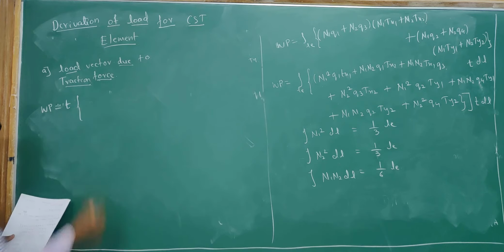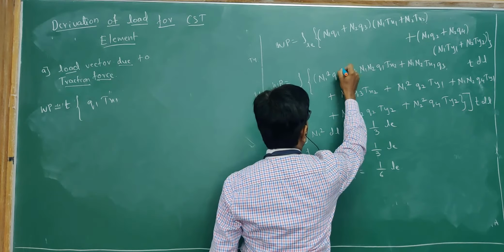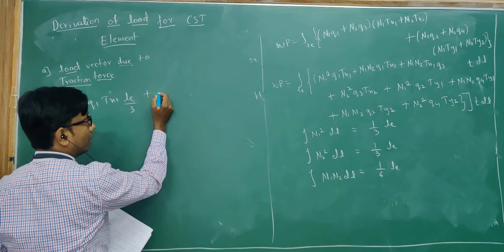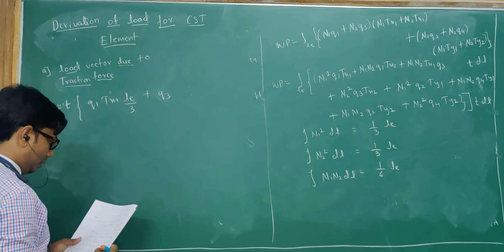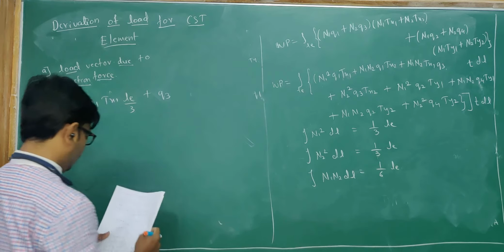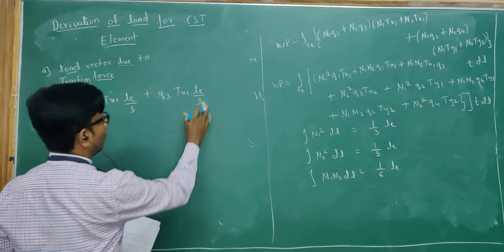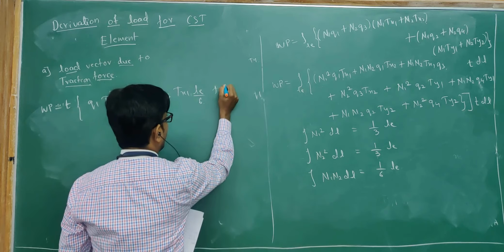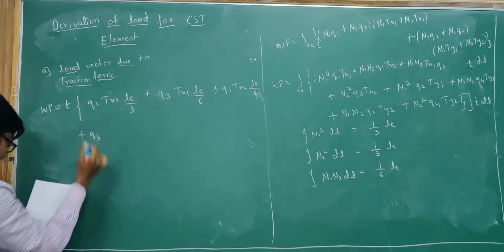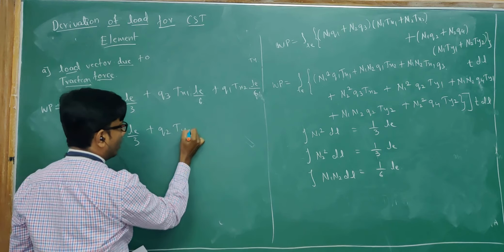So T into Q1 Tx1, Tx1 into 1 by 3 le, that is le by 3, plus Q3 Tx1 into le by 6, plus Q1 Tx2 le by 6, then plus Q3 Tx2 le by 3 plus Q2 Ty1 le by 3.